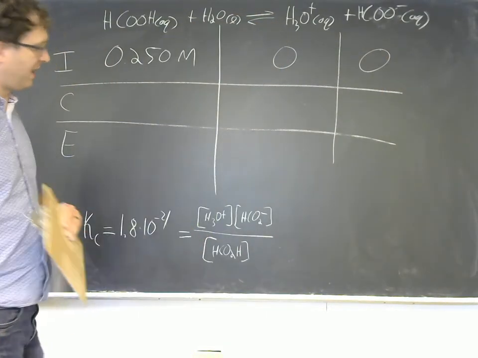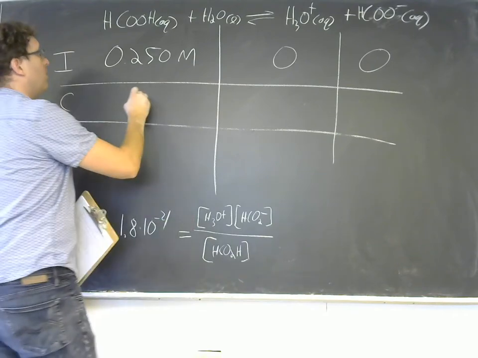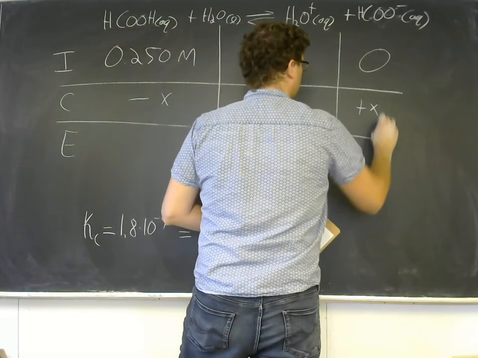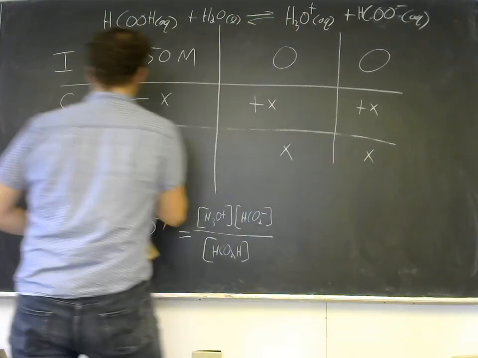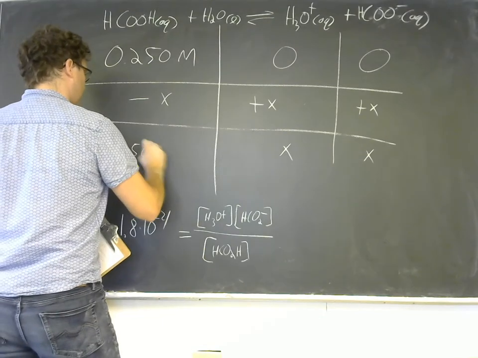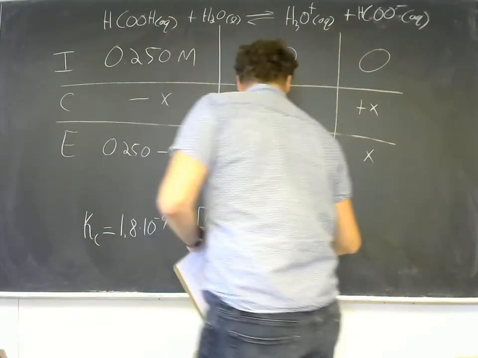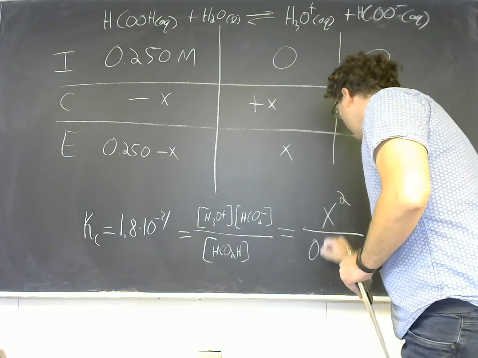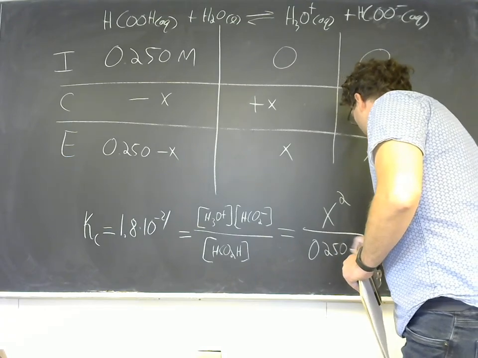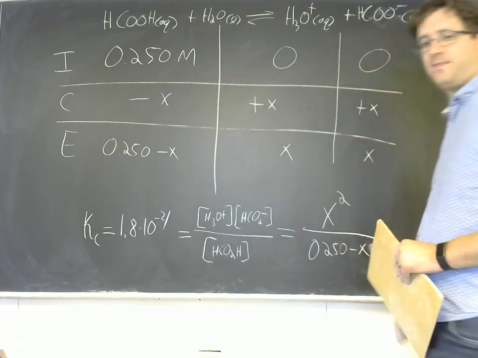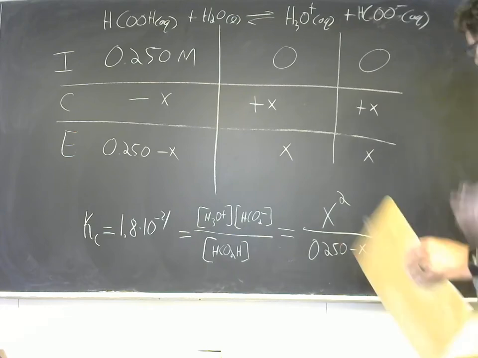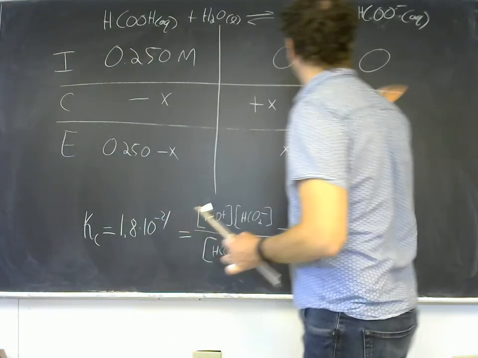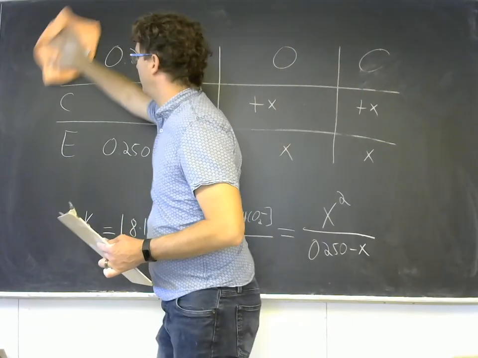What are going to be my equilibrium concentrations? We'll say negative x plus x plus x, and we get x, and 0.250 minus x. This gives us x squared over 0.250 minus x. And if we make the assumption that, let me just go ahead and erase the top part of our ice table so that we can reclaim some of this board space.